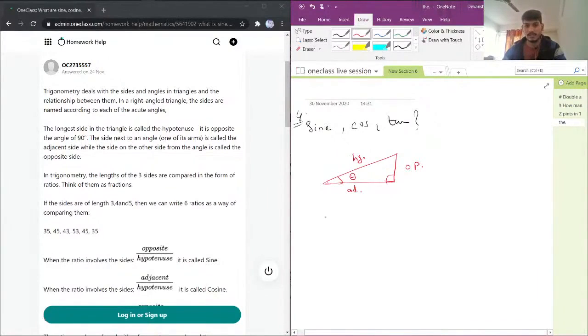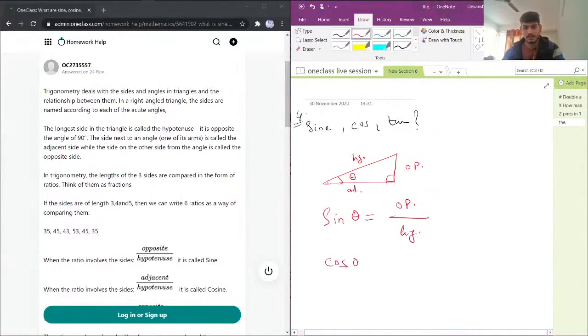So sine of theta gives the ratio of the line which is opposite to the angle, so it will be opposite over hypotenuse.